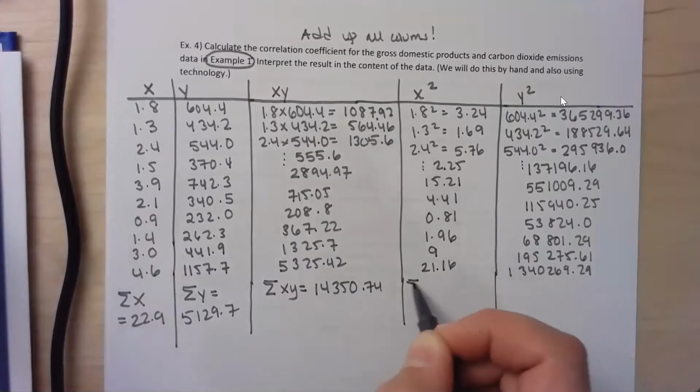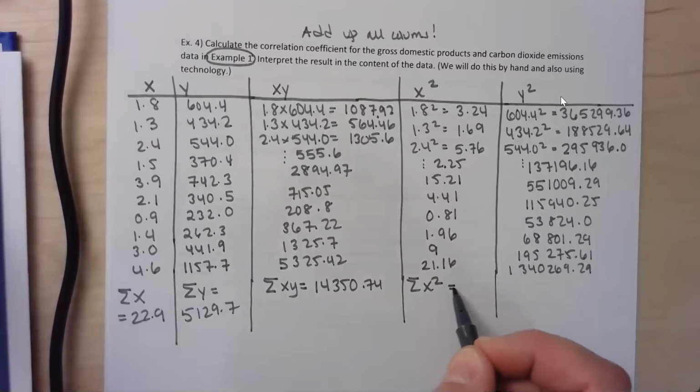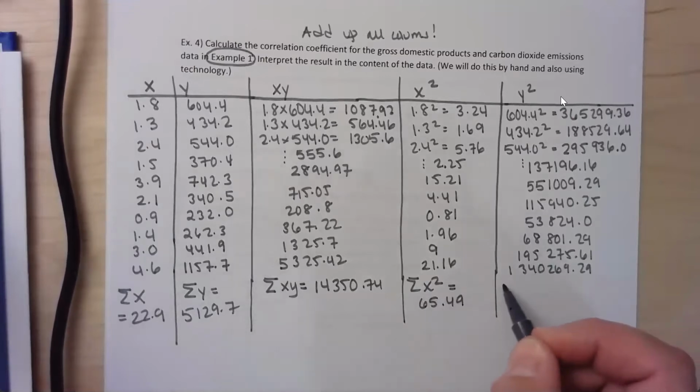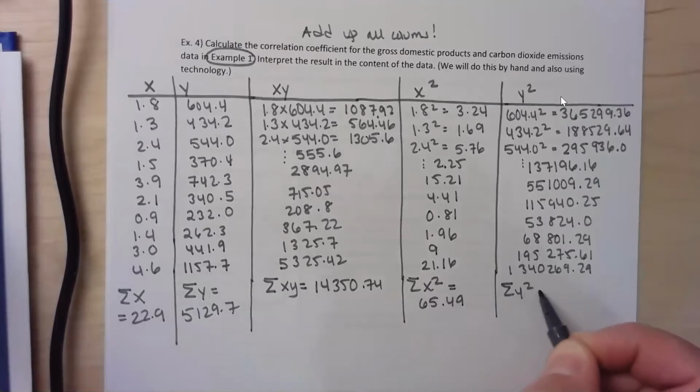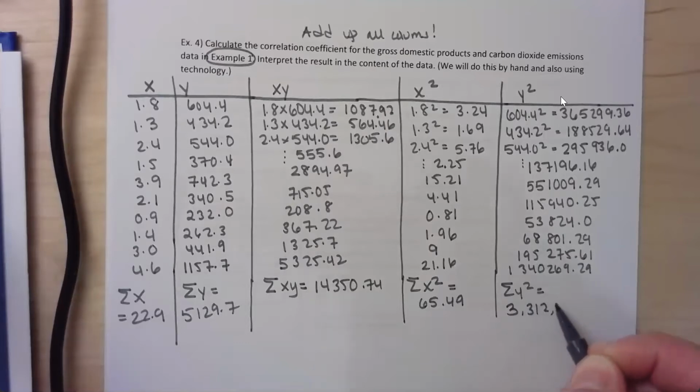This is the sum of the x squared. So again, the x squared is first, and then you're summing. In this case, you get 65.49. And finally, you add these all up, you get the sum of the y squareds, and you get 3,312,080.89.